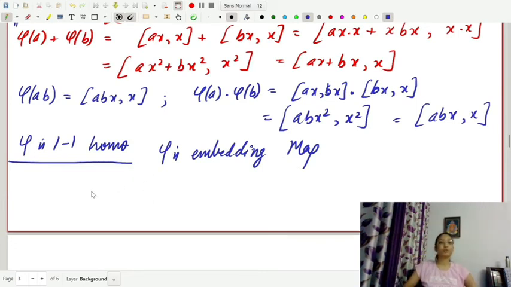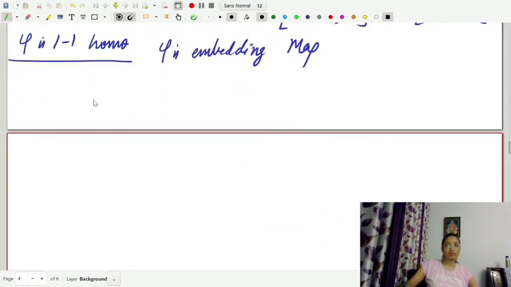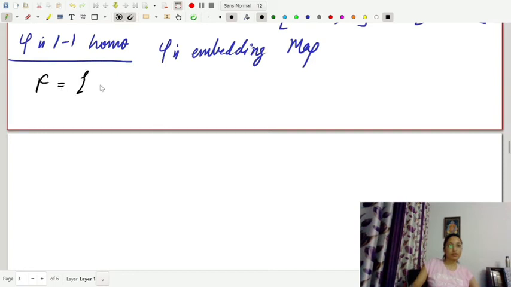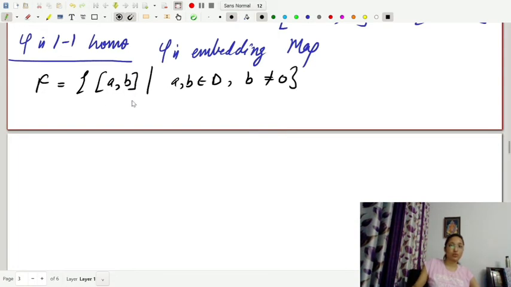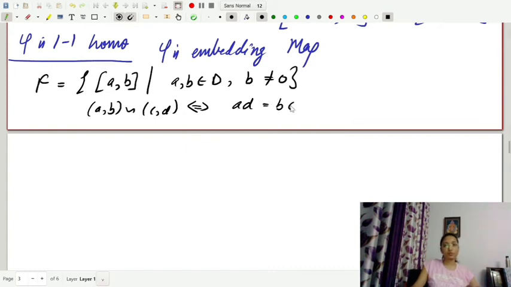The field which we have defined above, that is F = {(a, b) equivalence classes where a, b belong to D and b is not equal to 0}, and these equivalence classes are related how? (a, b) is related to (c, d) if and only if ad = bc. What do we call this?